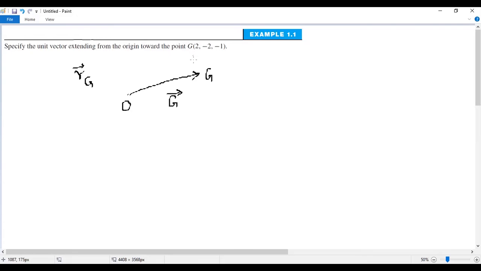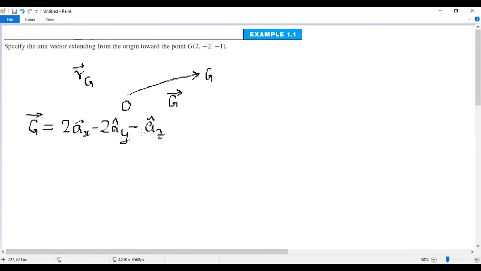Since you know the x, y and z coordinates, we can write the position vector G. So the coordinates x, y, z are 2, minus 2 and minus 1. So you can write the position vector as 2ax minus 2ay minus az.